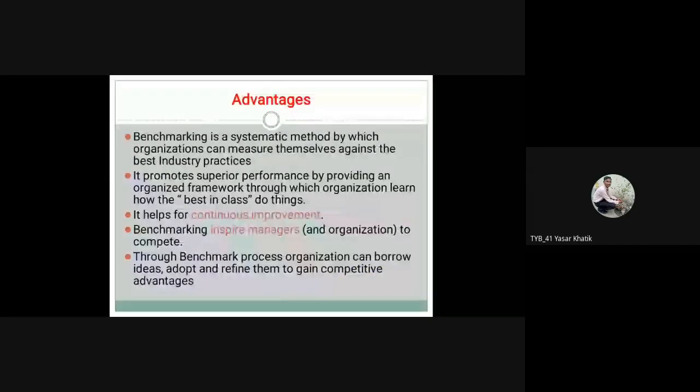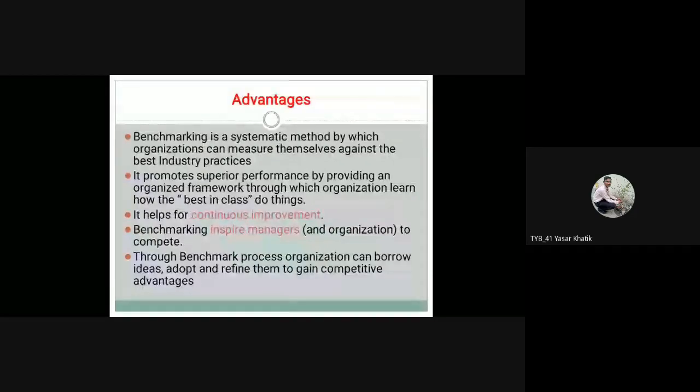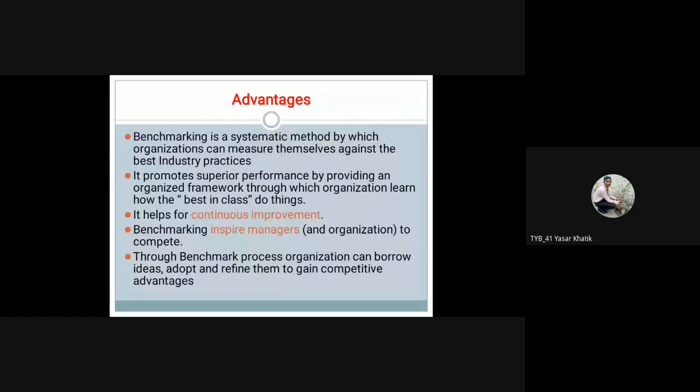Then already we have seen some advantages and disadvantages of benchmarking in that video, but we will go for some highlights. So benchmarking is a systematic method, okay, by which organizations can measure themselves against the best industry practices. फायदा असा आहे की आपण दुसऱ्या का कुठल्या स्टँडर्ड्स कंपनी सोबत आपण कम्पेअर करून आपलं इम्प्रोव्हायझेशन करतोय.